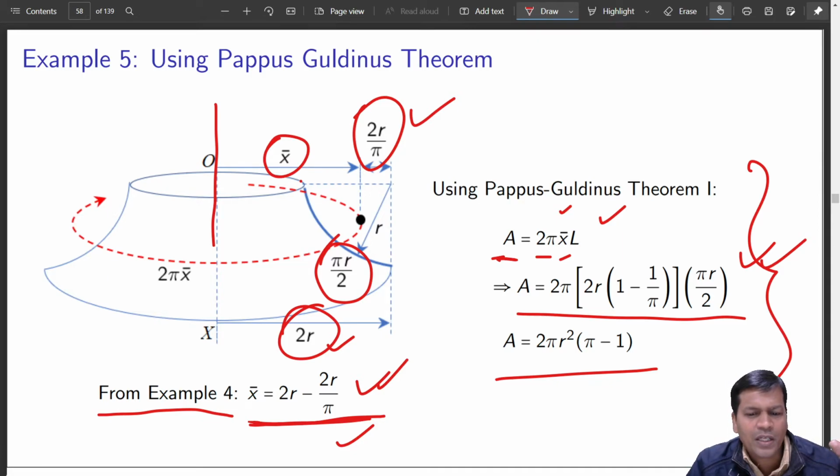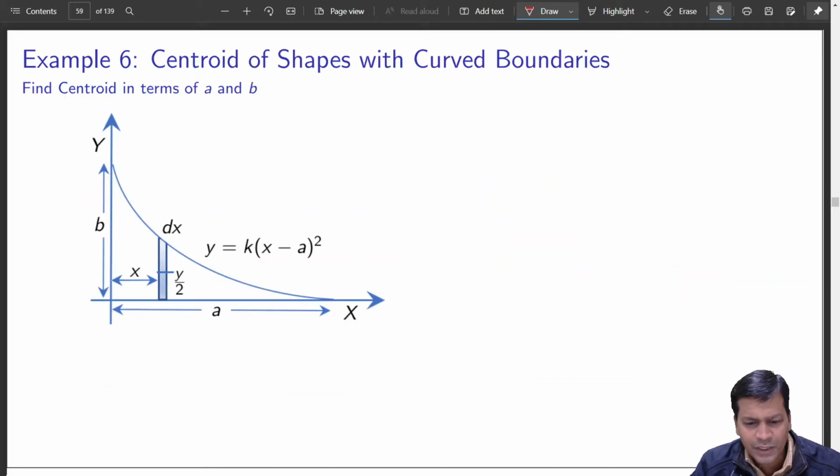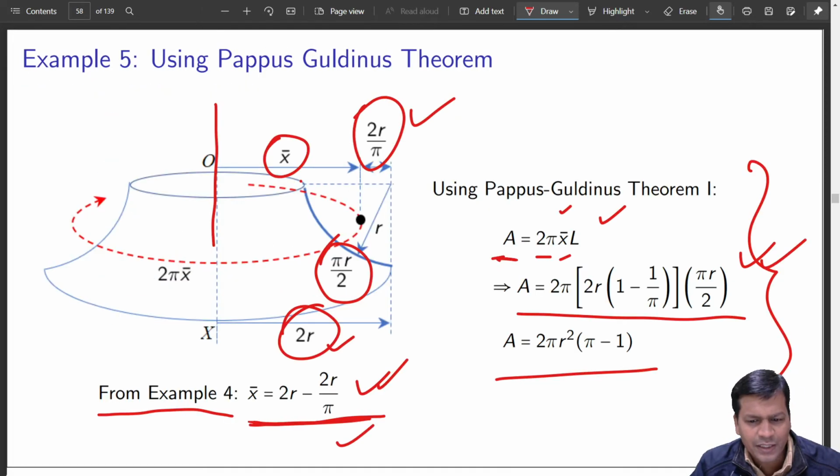Primitives are circular arcs, linear things, or a combination of those. Okay. So with this, the centroid of curvilinear boundary is yet another example that I can do, maybe if I have time. So yes, Pappus-Guldinus theorem, I think it is quite clear to you all.